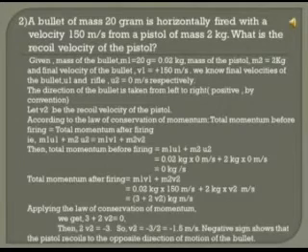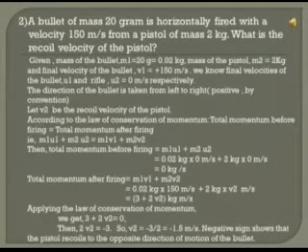First we have to find the total momentum of the pistol and the bullet before the firing. That is m1 u1 plus m2 u2, which is equal to 0.02 kg into 0 meter per second plus 2 kg into 0 meter per second. That is equal to 0 kilogram meter per second.